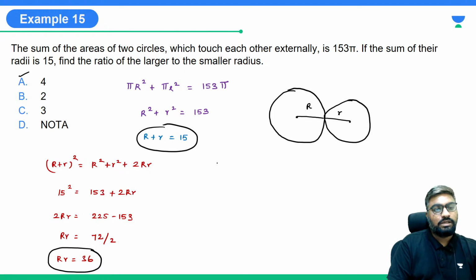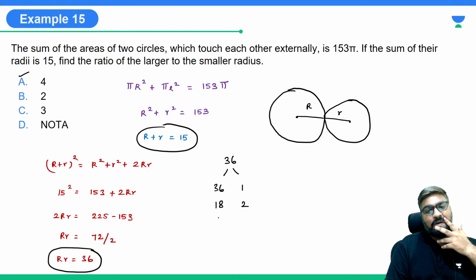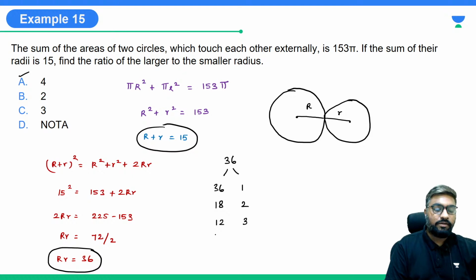Figure out. 36 into 1, obviously not. Then you have 18 into 2, 18 plus 2 is 20, not 15. Then you will have what? 12 into 3, this will be the answer. 12 into 3 is 36, 12 plus 3 is 15, matched.